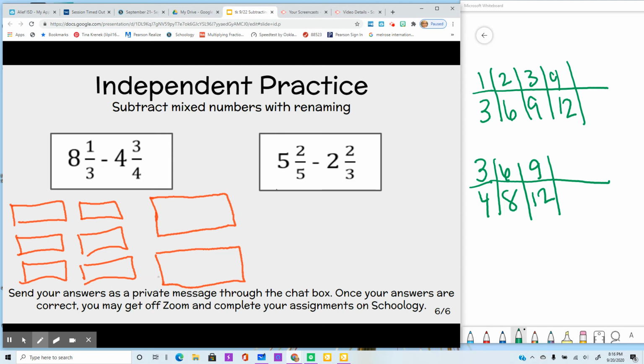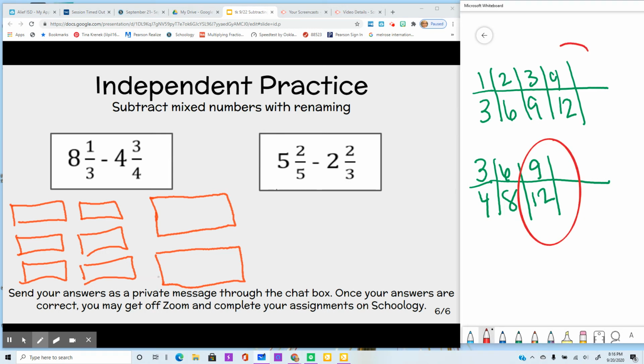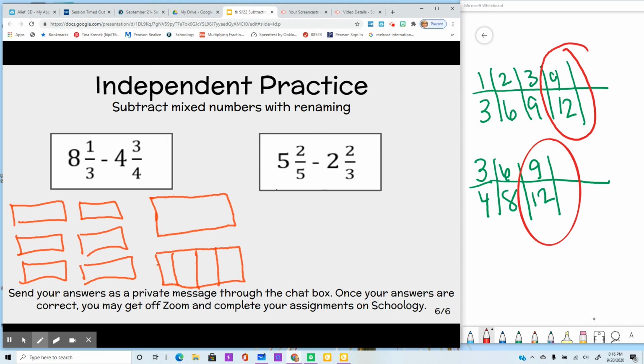Now I'm looking here at this, and anyone else see this right here? 9/12 and 9/12. So that crosses out my fractional part. That just worked out lovely.